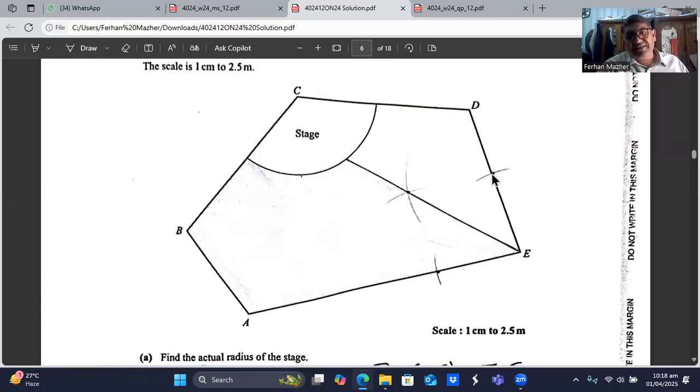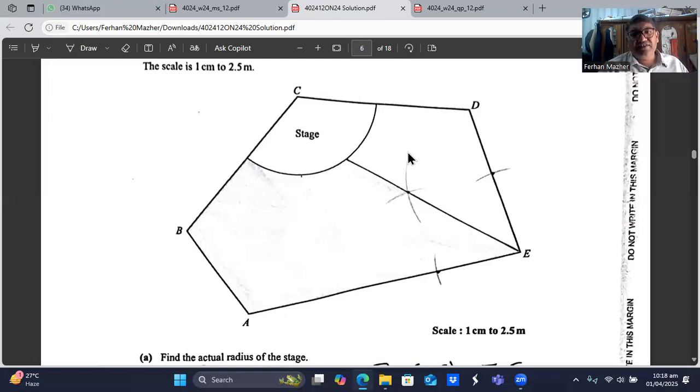Then I put my compass needle here and I draw this arc. Then I put my compass needle here and I draw this arc. Where these two arcs intersect, I put a dot here. I join this vertex with that, and I draw this line up to the stage.